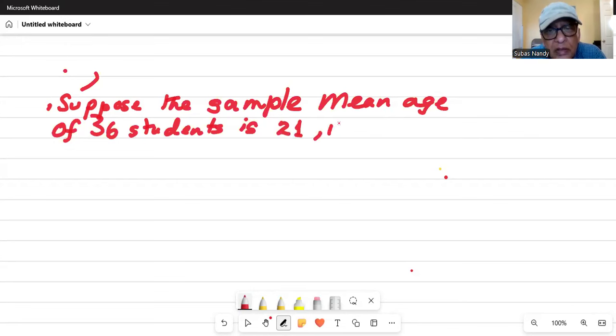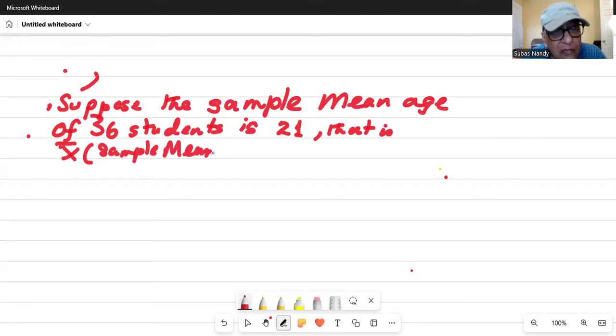That is x bar, which is the sample mean age, is equal to 21.